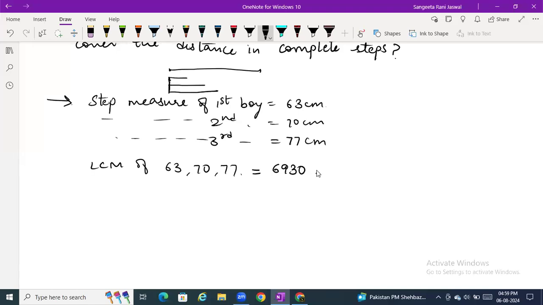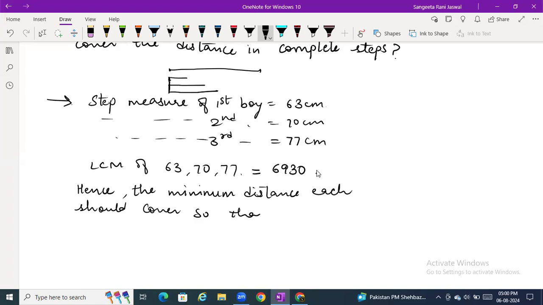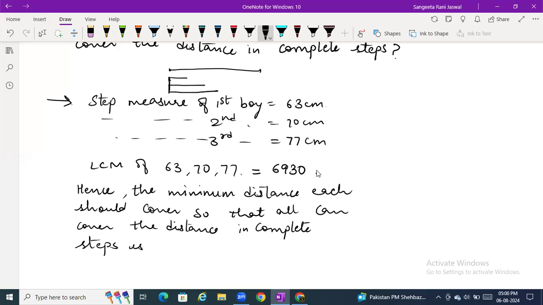Okay, let's write. Hence, you can say the minimum distance each should cover so that all can cover the distance in complete steps is 6,930 centimeters, right?